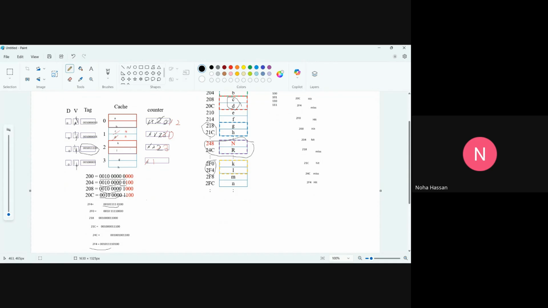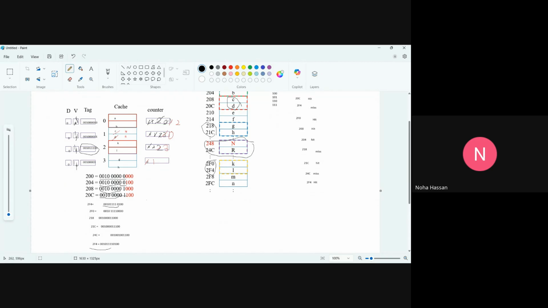Okay. So what are we supposed to do? Okay. What we are supposed to do here? We need to change. So this means that 2F4 is a hit, right? Because it's already found, right? I just need to change the counters. Okay.